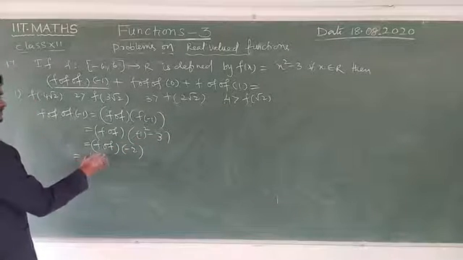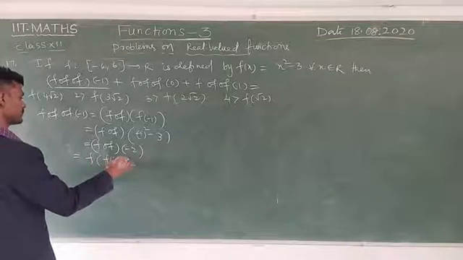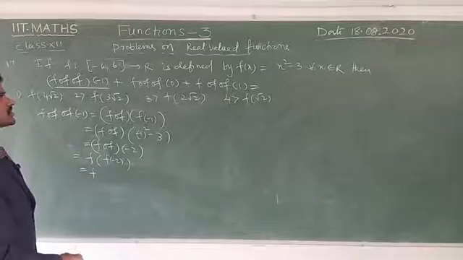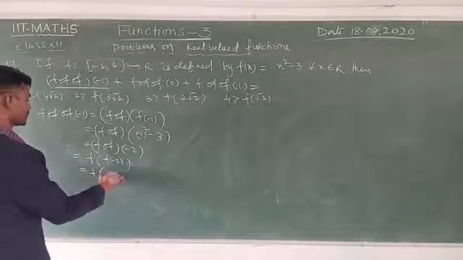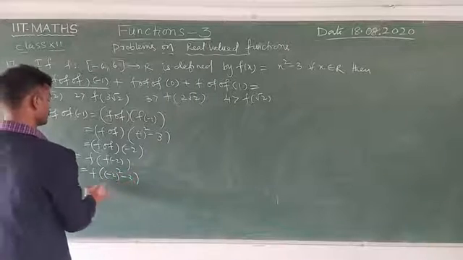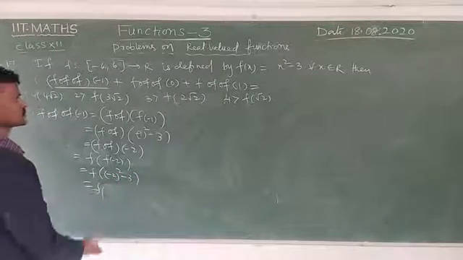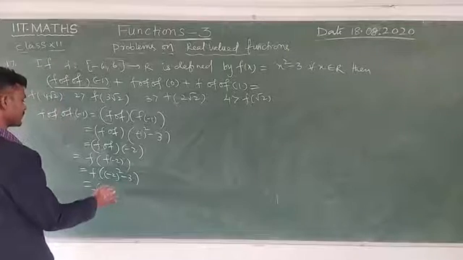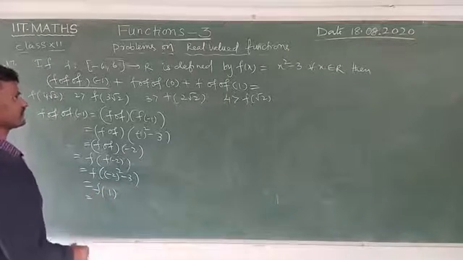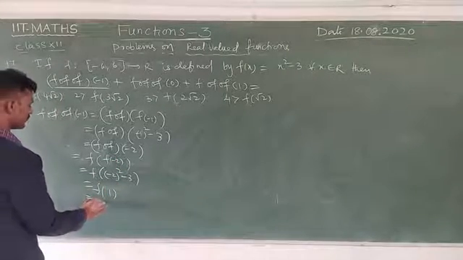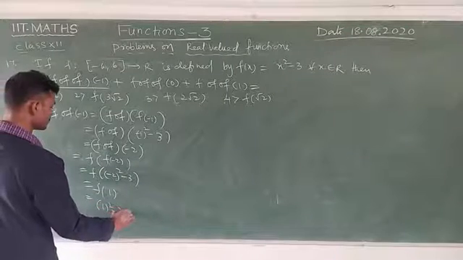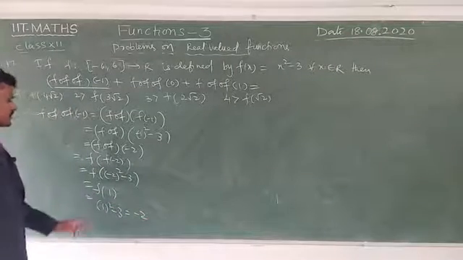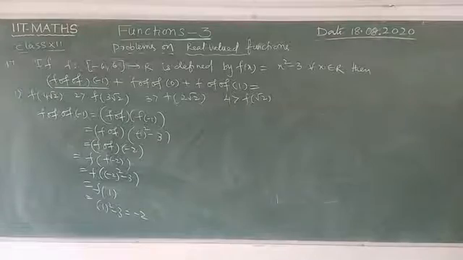Now this is f of minus 2. Now f of minus 2 is equal to minus 2 square minus 3. Minus 2 square is equal to 4. 4 minus 3 is equal to 1. Now this is f of 1. Again you can write f of 1, here 1 square minus 3 means minus 2. 1 square 1 minus 3 is equal to minus 2.